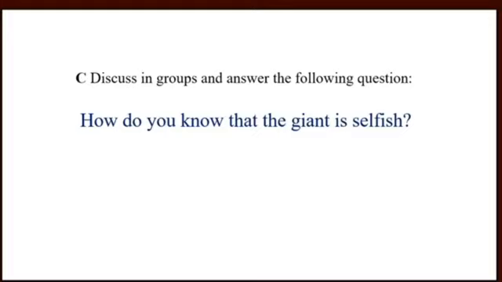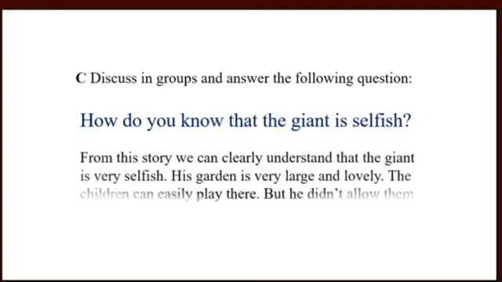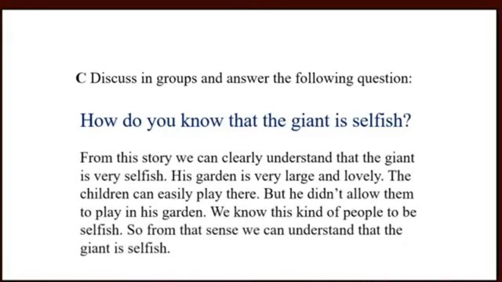So let's match with my idea. From this story, we can clearly understand that the giant is very selfish. His garden is very large and lovely. The children can easily play there, but he didn't allow them to play in his garden. We know this kind of people to be selfish.